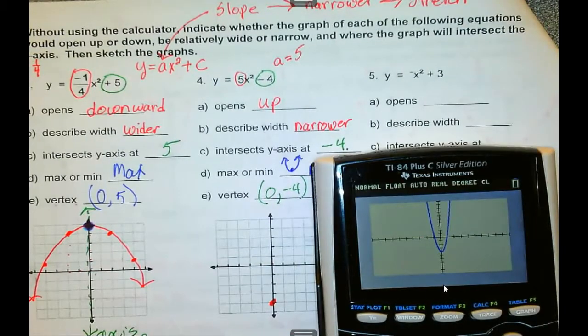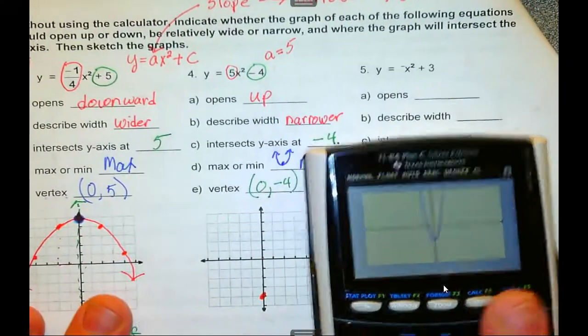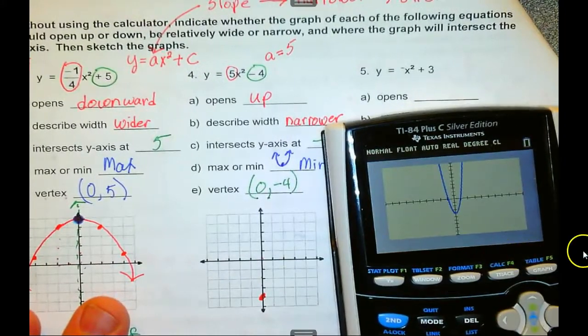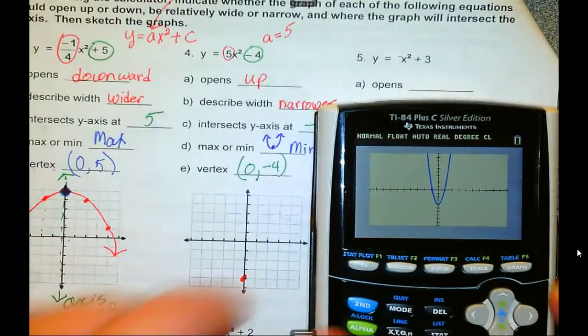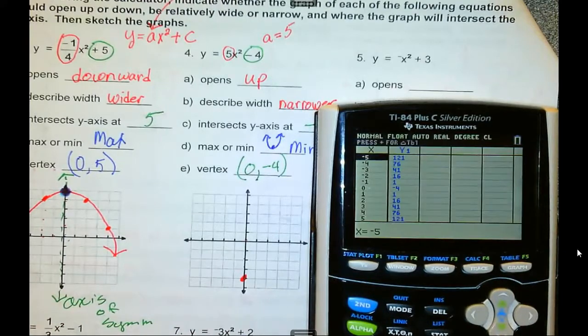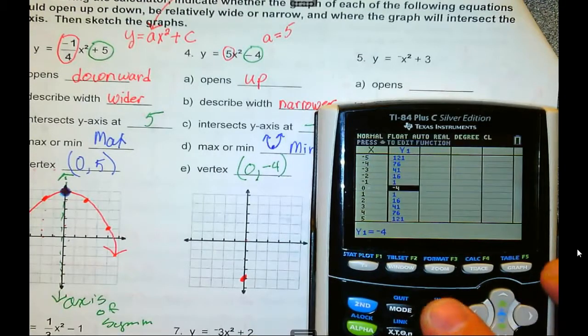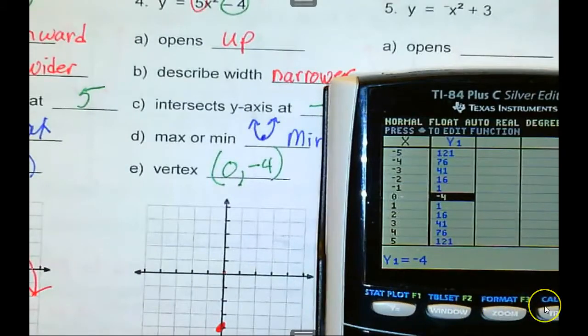I'm going to go to my table and get some points. So second graph is my table. I know 0, -4 is my vertex. How do I know that's my vertex off the table? From these numbers off the table. Anybody see a pattern here?